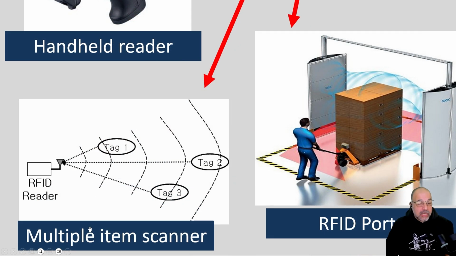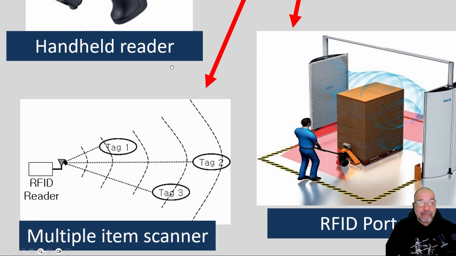And that's what we've got here, multiple item scanner. So here we've got the RFID reader, and here we've got different tags in different locations. Here, by scanning with the RFID reader, it could be a handheld reader or a fixed reader located somewhere in the warehouse, and it will scan all of these items. Now, this is also great if you've got a large warehouse or let's say a hospital and you want to know where doctors are.